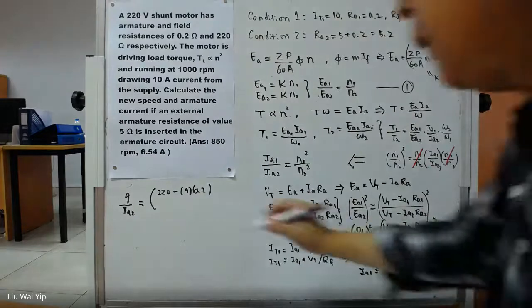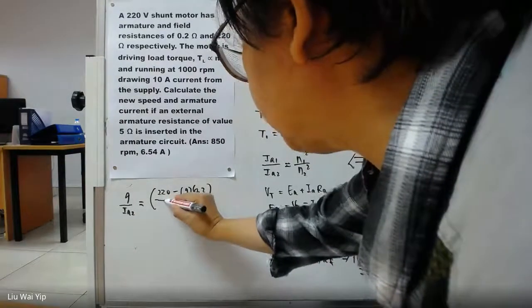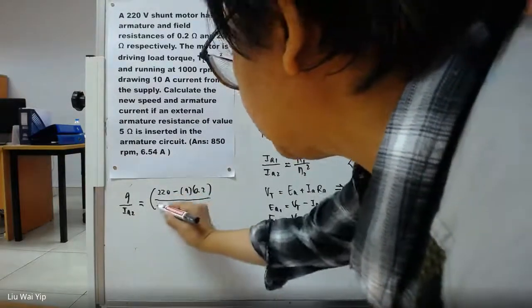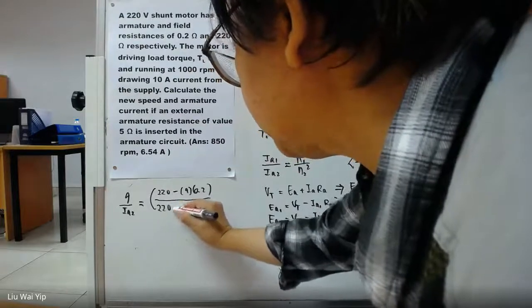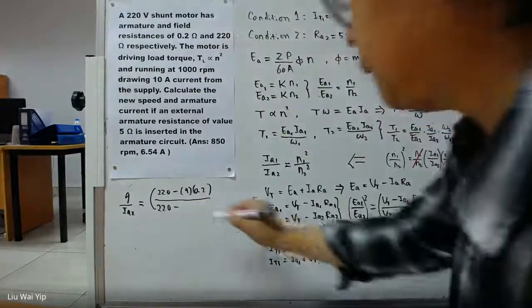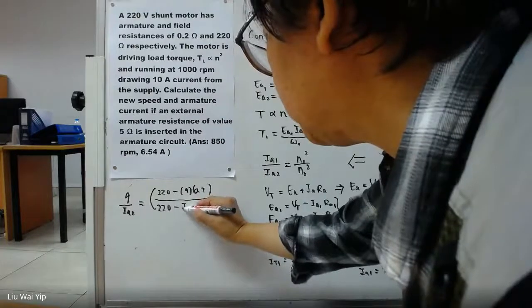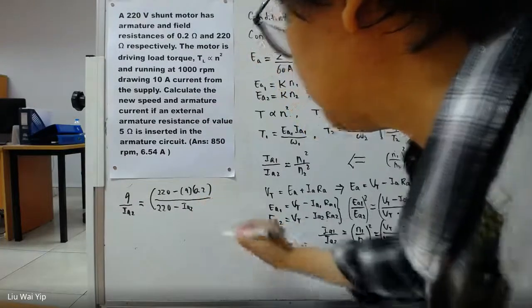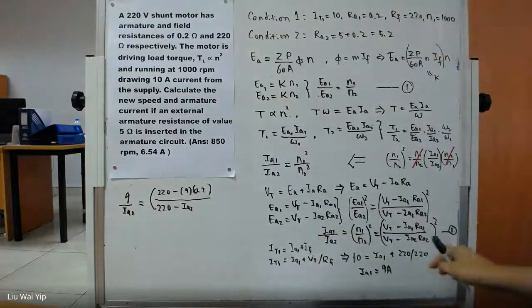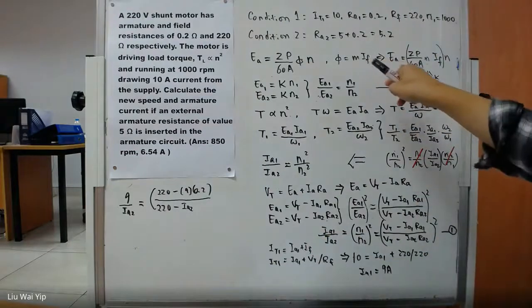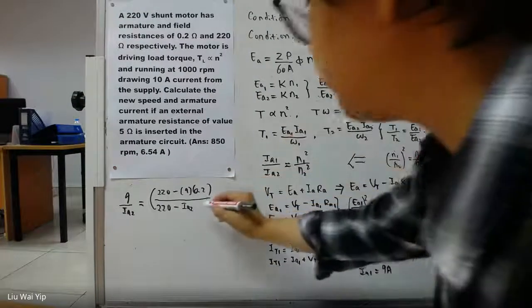And we can do the same here, VT minus IA2, which is going to be resolved, and RA2 can be found from here.